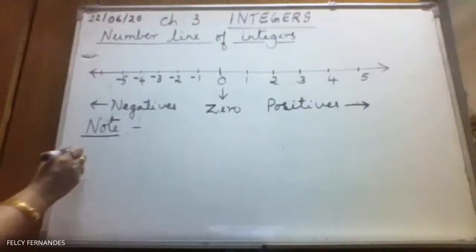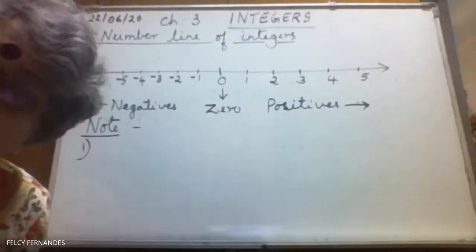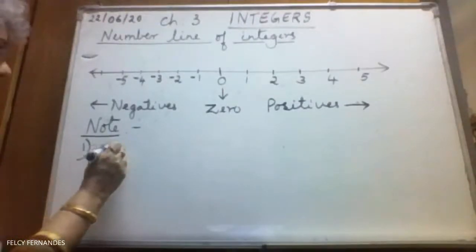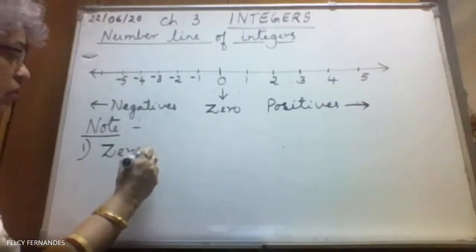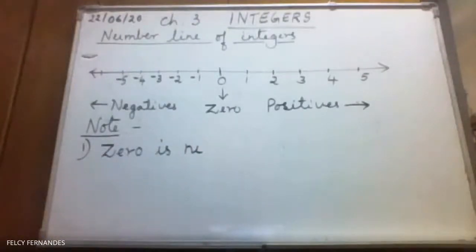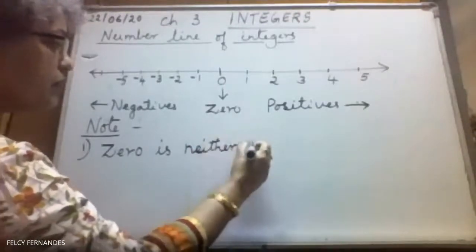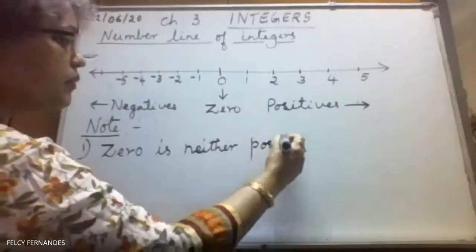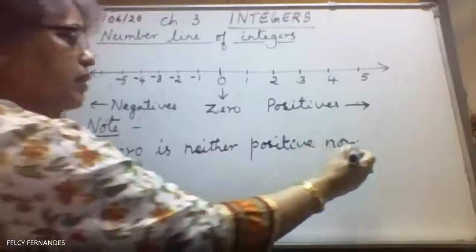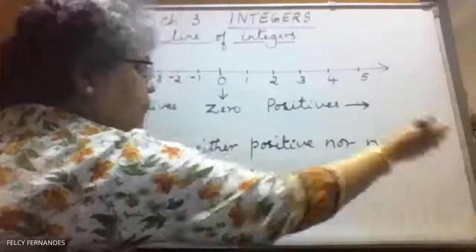Under that, point number 1: 0 is neither positive nor negative.